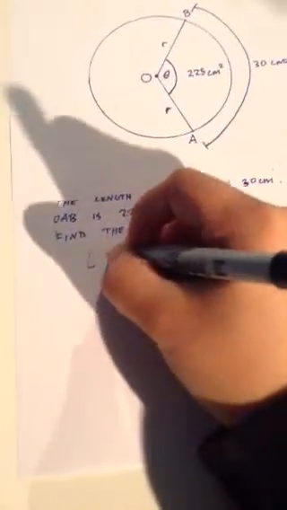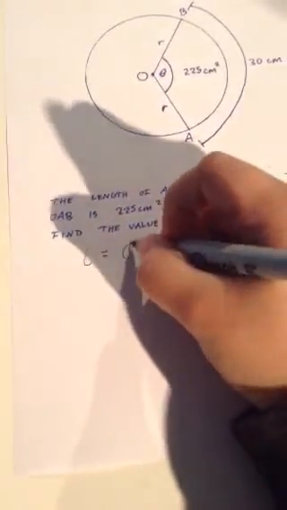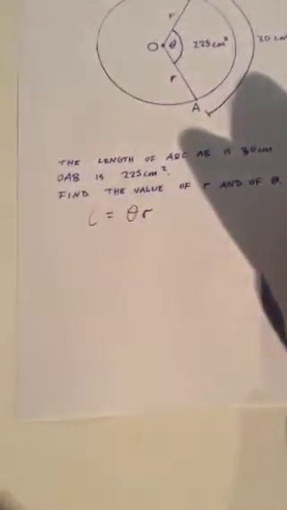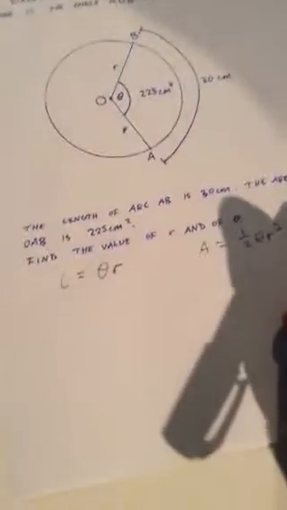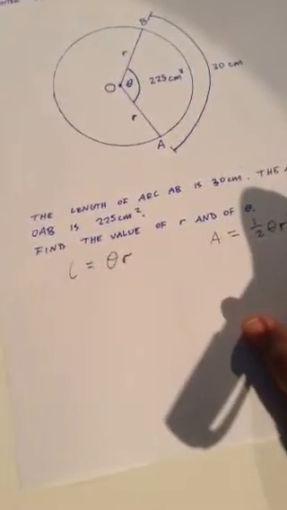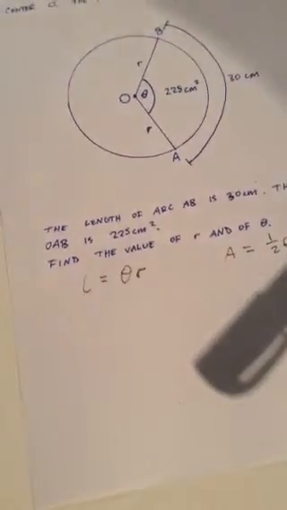So you have arc length equals theta times radius, and you have area equals 1/2 theta radius squared.